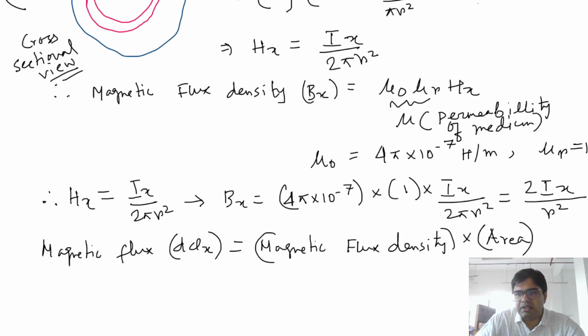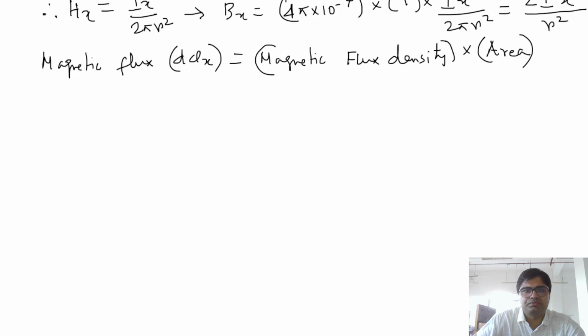So magnetic flux density we have 2I x by r square along with this term 10 to the power minus 7.